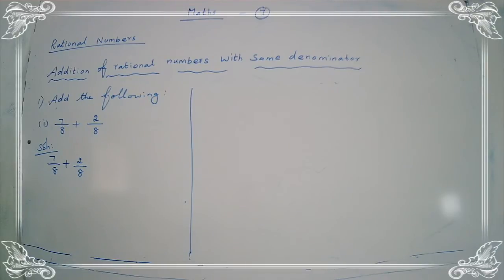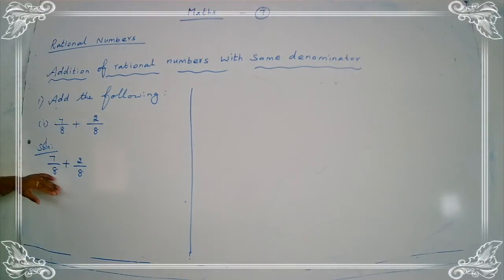So this is the standard form of rational number. So first you check whether this is a standard form of rational number or not. This is a standard form only, 7 upon 8. Here there are no common factors and the denominator is positive. So this fraction is in standard form.